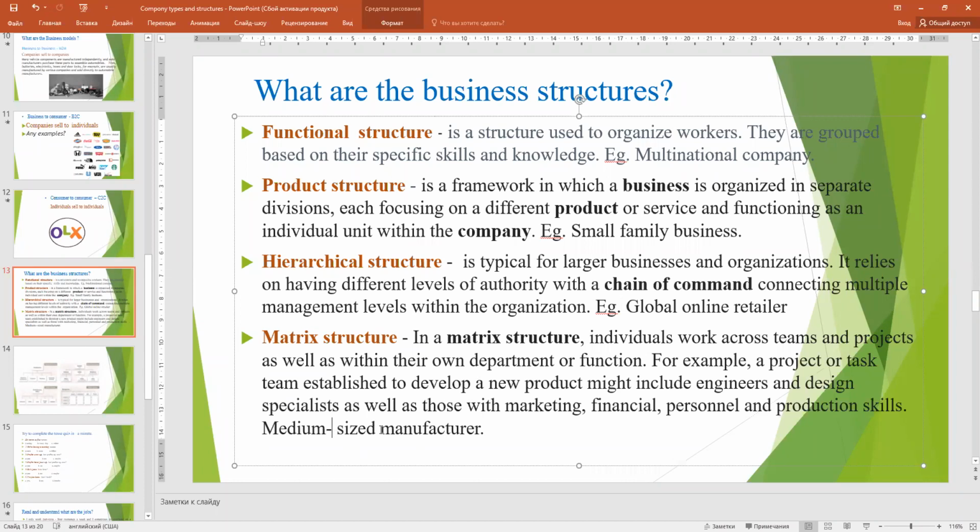For example, medium-sized manufacturers. As you can see here, matrix structure businesses can include different fields, workers, for example, engineers and also designers, but they have a general purpose for the company.